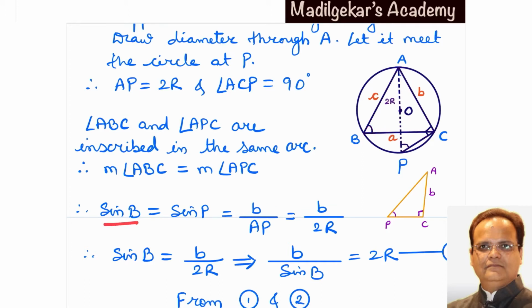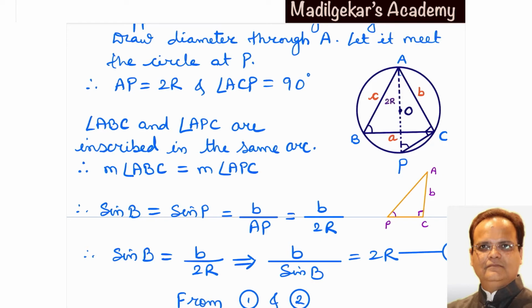So their sine ratios must also be equal. By considering angle P, sin P will be opposite side upon hypotenuse, which means it will be b upon AP, but AP is 2R.